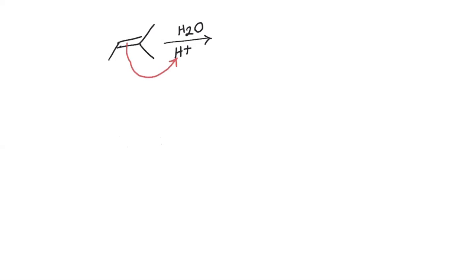Again, Markovnikov addition gives us the more stable carbocation. So I will add hydrogen to carbon A or B. To carbon A, because A has more hydrogens.